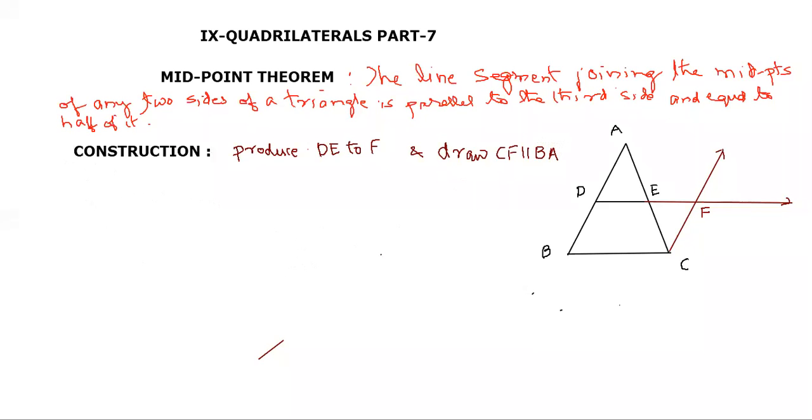What we have to prove, we should write. To prove: DE is parallel to BC and DE is equal to half of BC.